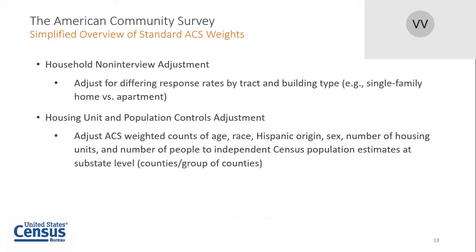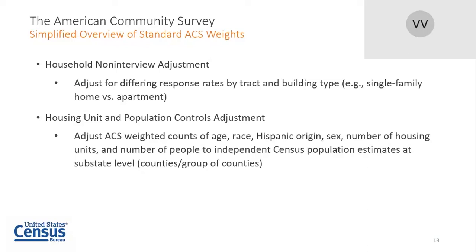All right, so given that overview of weights in general, let me discuss what ACS's standard weighting process is like. There are numerous steps, and this is definitely a simplification. But two of the most important parts are, first, a household non-interview adjustment, which adjusts the ACS weight to differing response rates by tract and building type, for example, whether a housing unit is a single-family home versus an apartment.